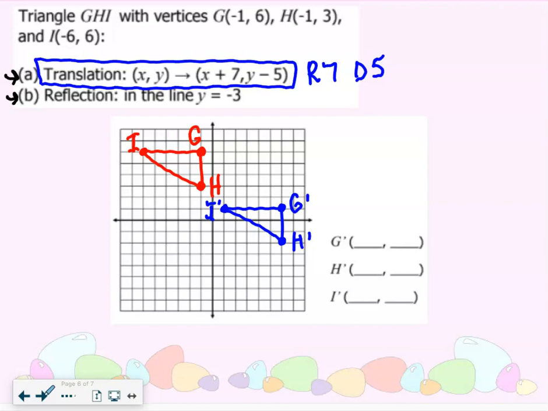And now we're going to reflect it over the line y equals -3. Hopefully you remember y equals -3 is a horizontal line that goes through y at -3. So let's draw in our line for a visual. We are reflecting over this line right here.